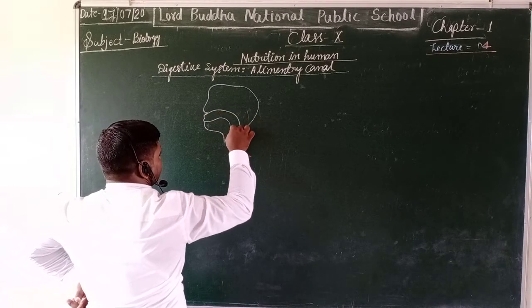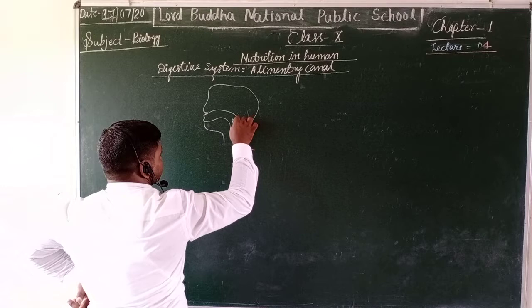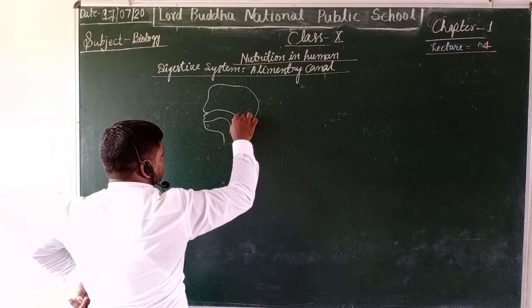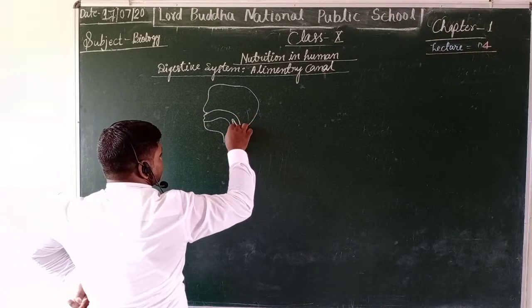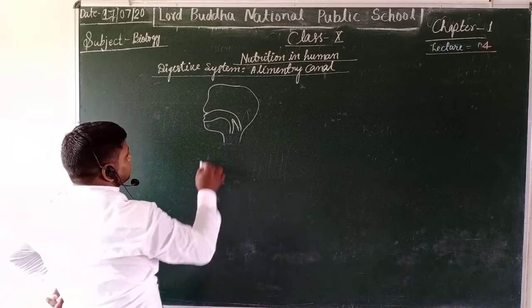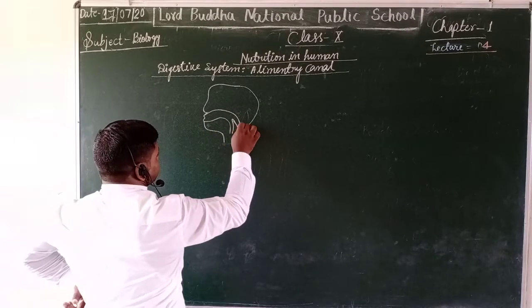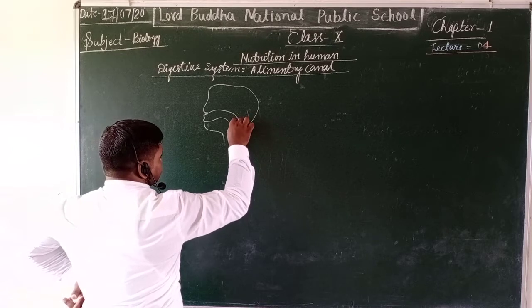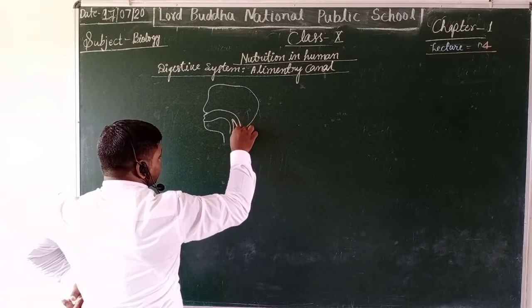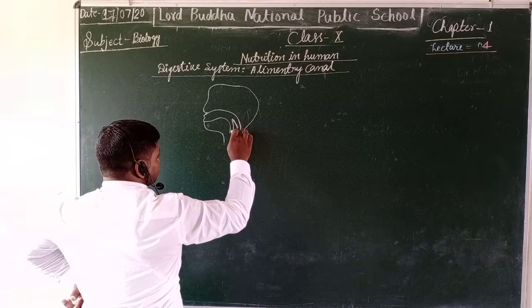The human alimentary canal starts with the mouth and it ends with the anus.